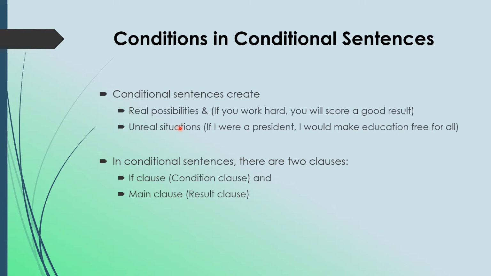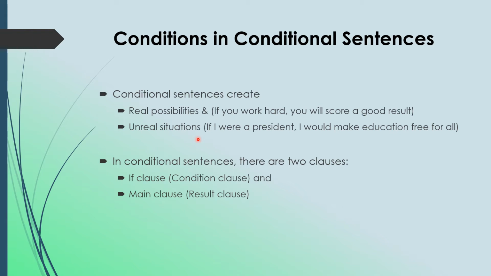Okay, and in conditional sentences there are two clauses, and this is pretty basic. First one is the if clause, and next one is the main clause. We also call the if clause the condition clause, because there is a condition in there, and we call the main clause the result clause, because there is an after effect of that particular condition.